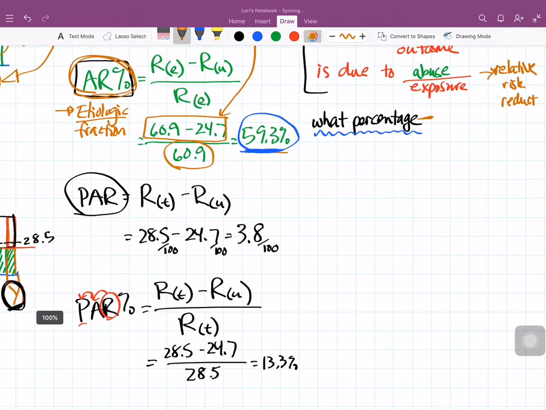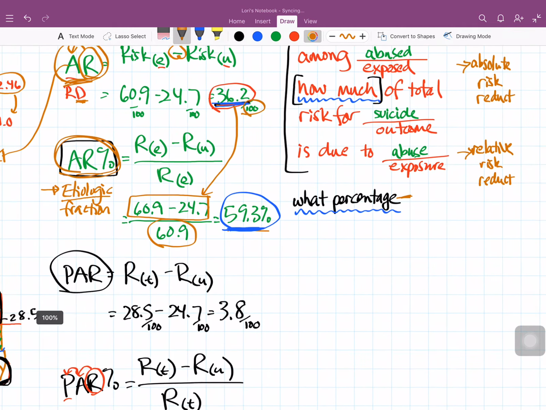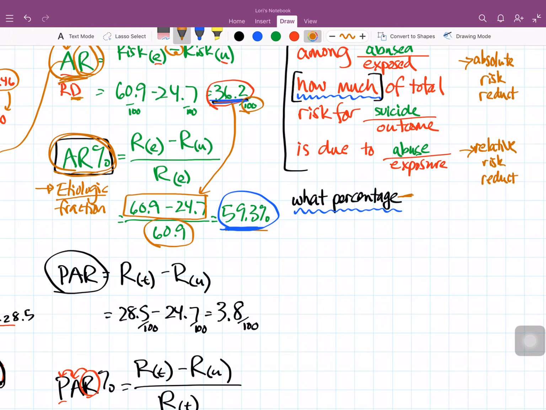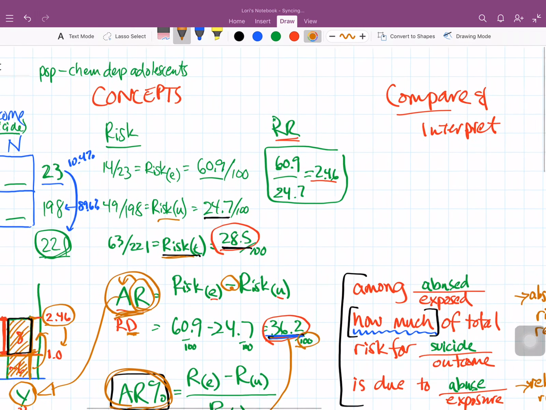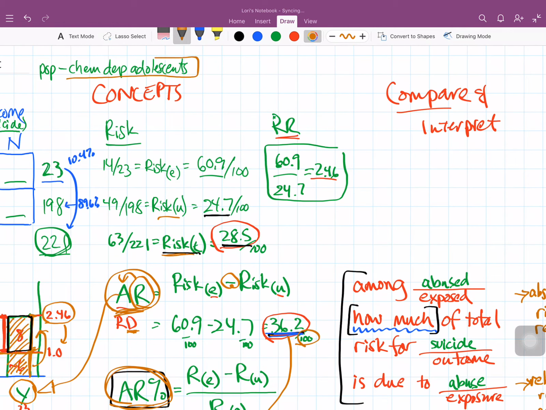Population attributable risk is doing something very similar. This is among this particular population. Remember, our population was chemically dependent adolescents.